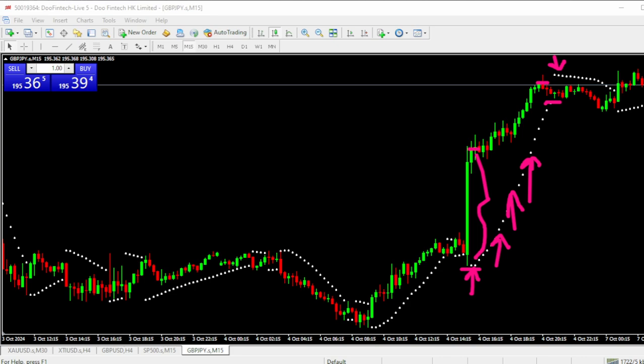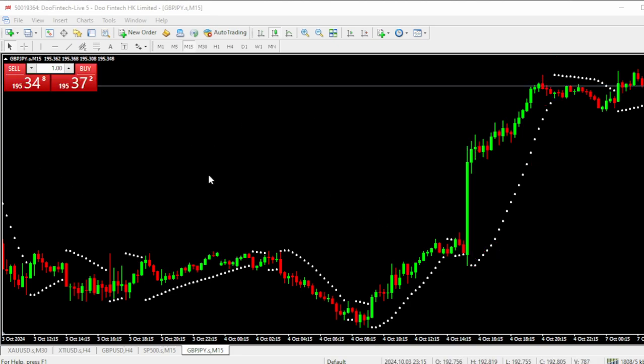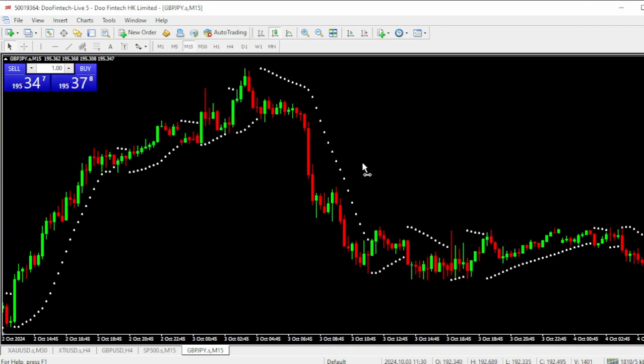But also, that was an open buy position. Let's do it with a sell position. It's the same but the opposite, right? So in this case, you have to wait for the Parabolic SAR to draw for the first time a white point not below, as in a buy position, but above your price, right?